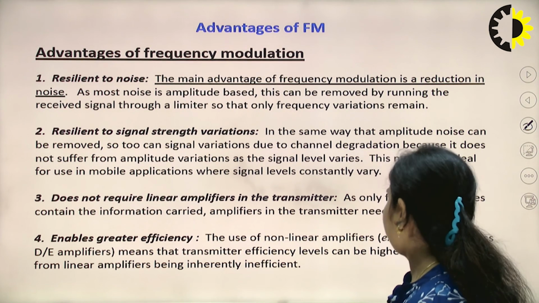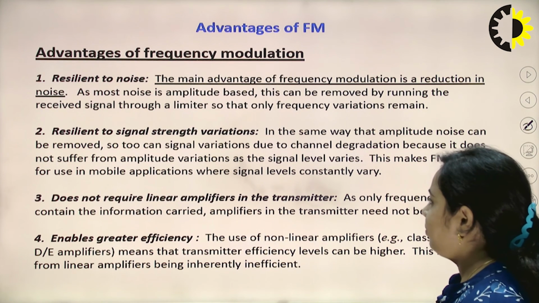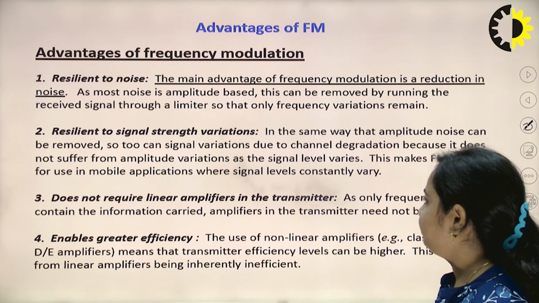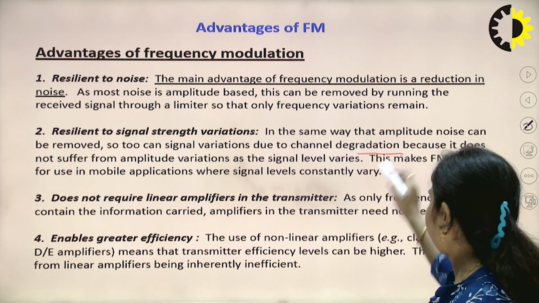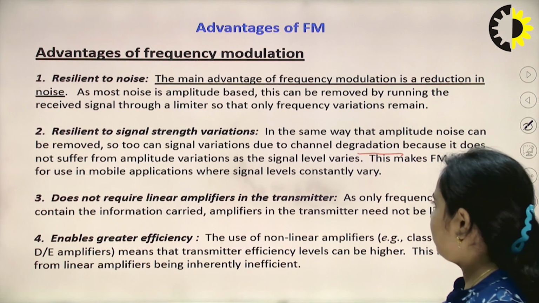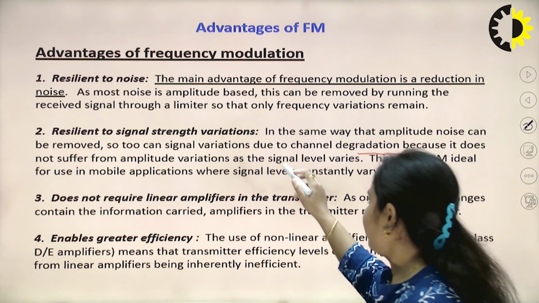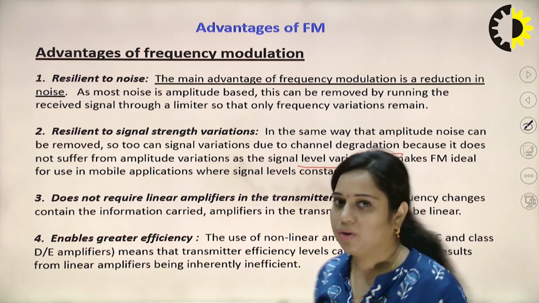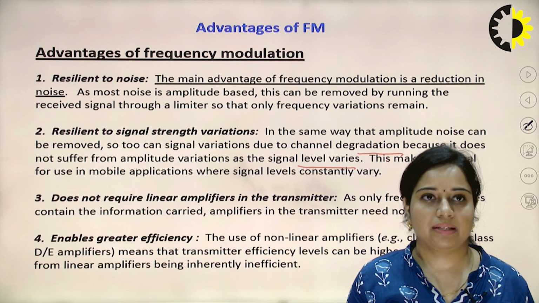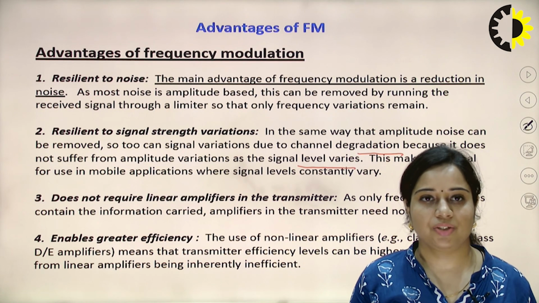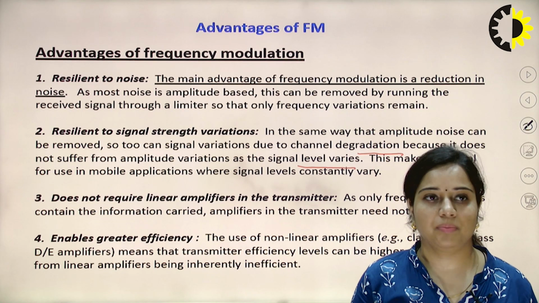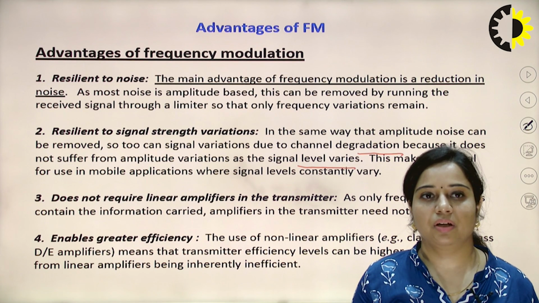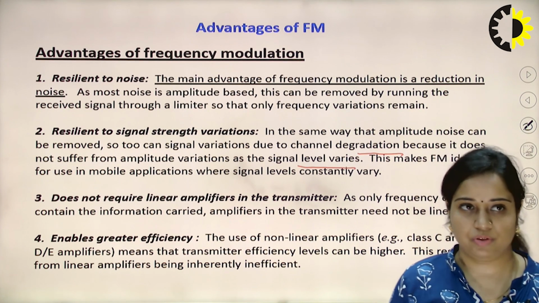In the same way that amplitude noise can be removed, so too can signal variations due to channel degradation, because FM does not suffer from amplitude variations as the signal level varies. The amplitude in FM is constant, we are not changing it, so whatever problem is there due to a change in amplitude will be removed.